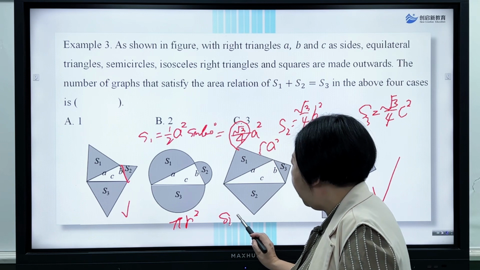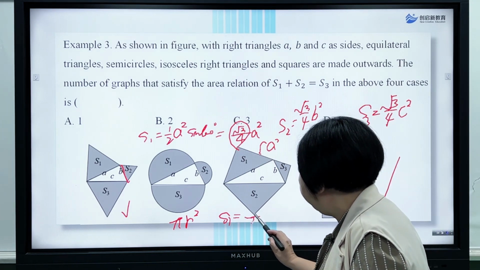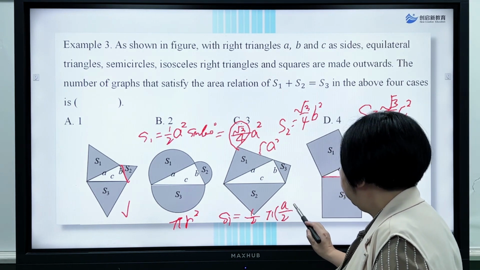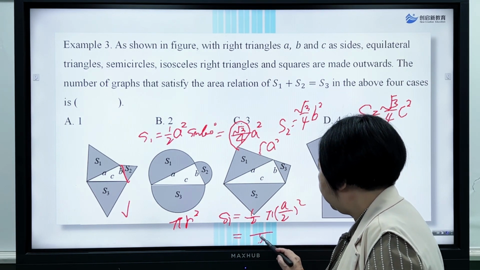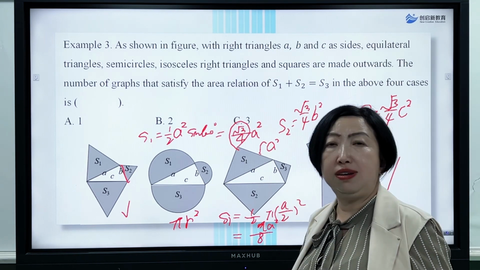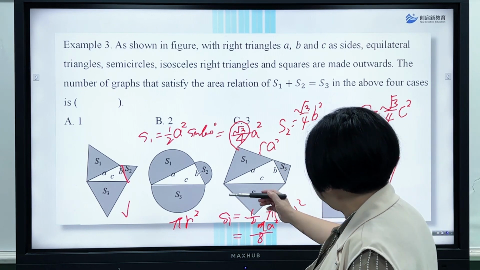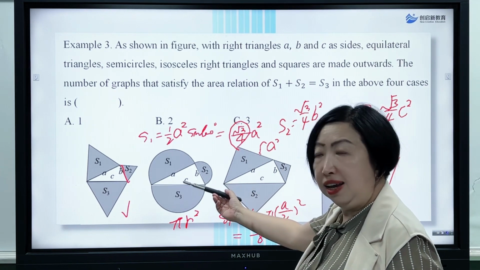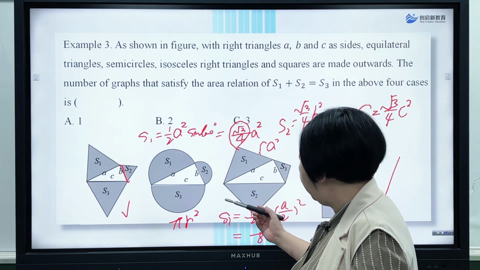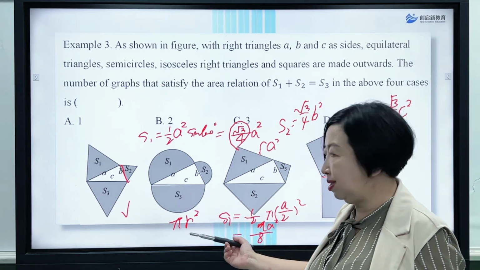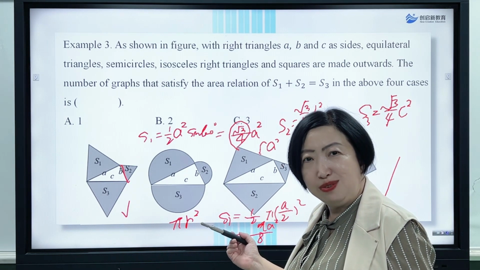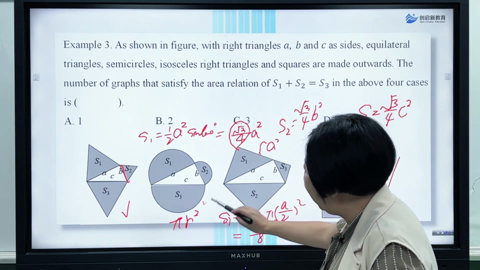Of course, S1 equals half pi, with r equal to half A, so here it is one eighth pi times the square of A. Here, of course, is one eighth pi times the square of B. Of course, S3 equals one eighth pi times the square of C. So here is okay.